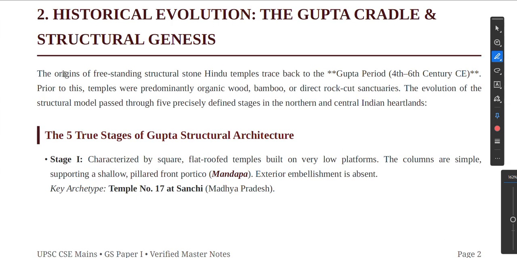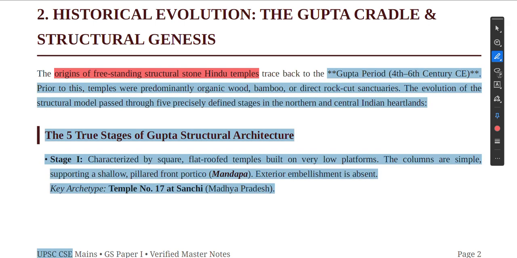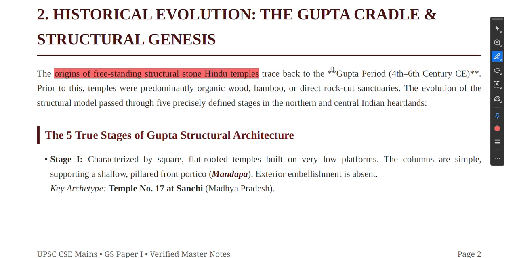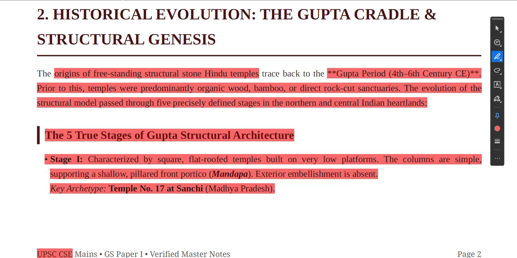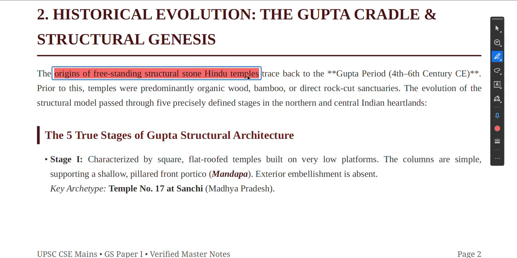So the origins of freestanding structural stone Hindu temples trace back to the Gupta period, 4th to 6th century. This is important. Hindu temple structure or architecture we find starting from the Gupta period.